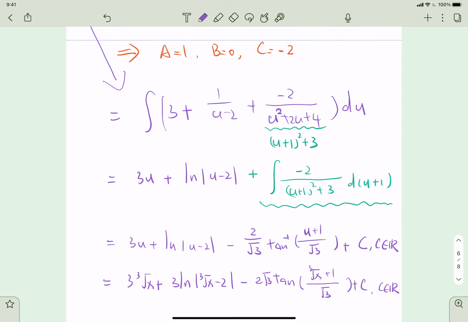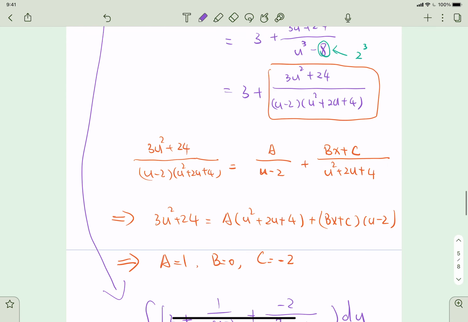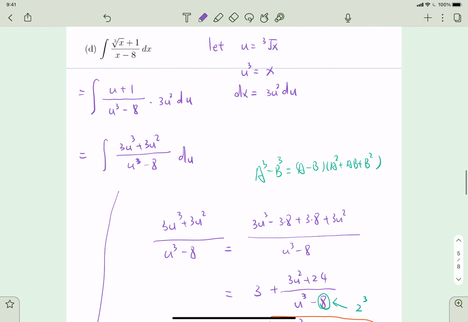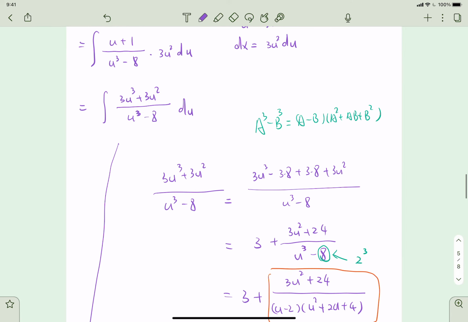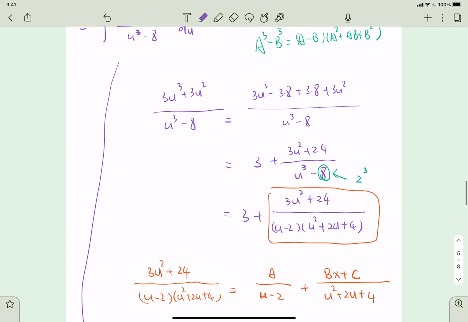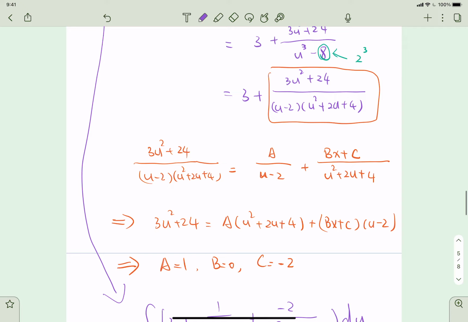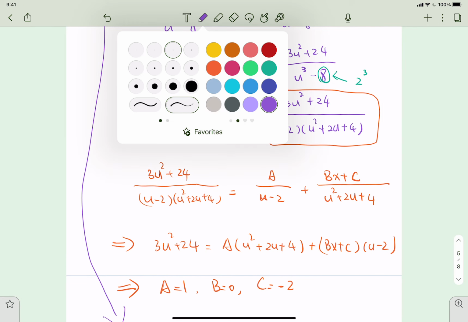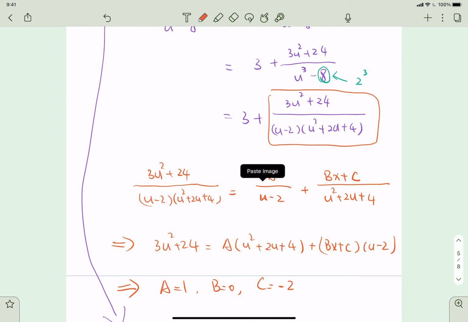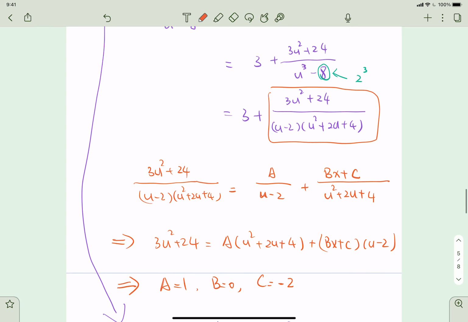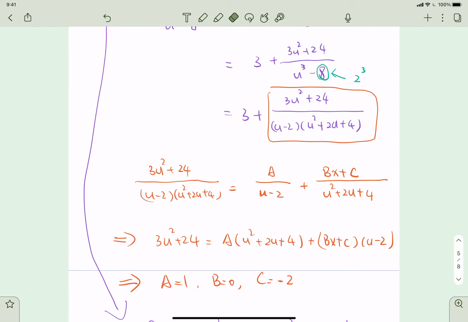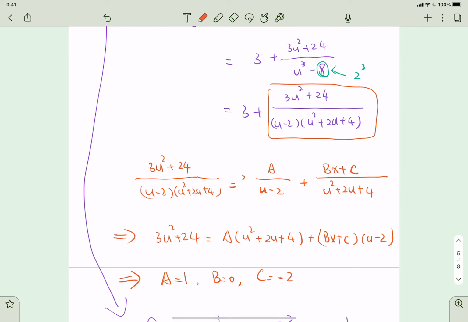Okay, and let me just check here. It seems that did I lose the coefficient here? Okay, actually I lose the coefficient here. There's a 3 here, so this one, I forgot to factor out the 3. So this is actually, it's a 3 here. Multiply with every single term.